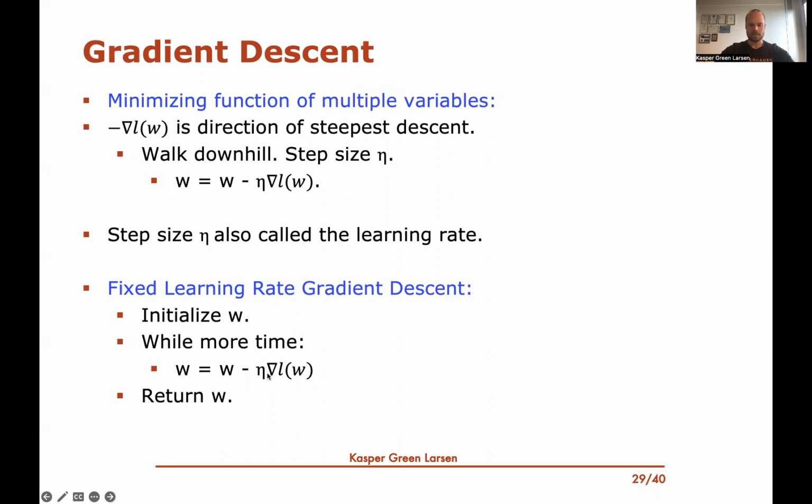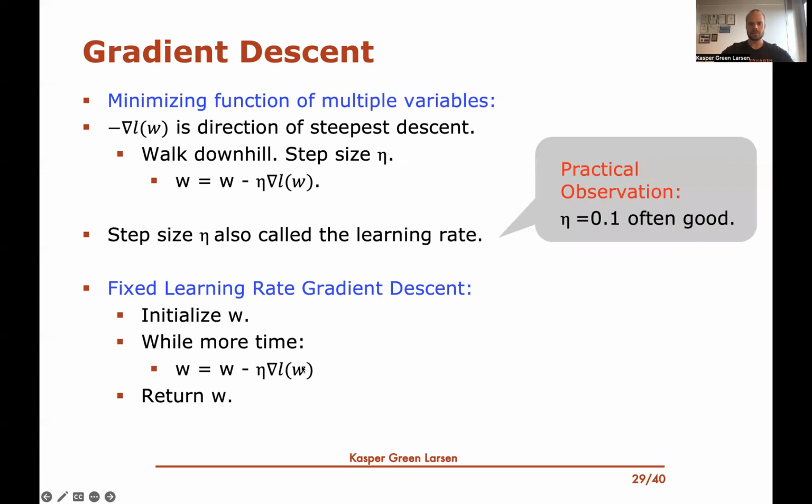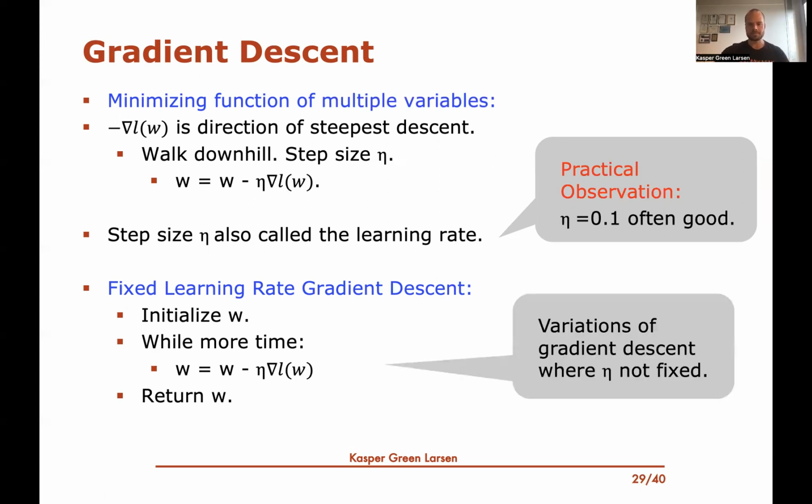You multiply it with a step size, and you subtract it off from the current set of parameters. So you're just walking downhill in the direction of steepest descent until you're out of time, and this is what you return. Of course, one should ask, how should you choose this step size in practice? It turns out, at least for this fixed learning rate gradient descent, it often works well if the step size is about 0.1. This is just a practical rule of thumb that this is a good choice of learning rate.